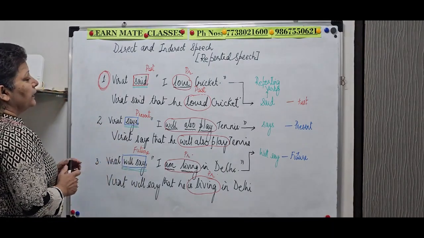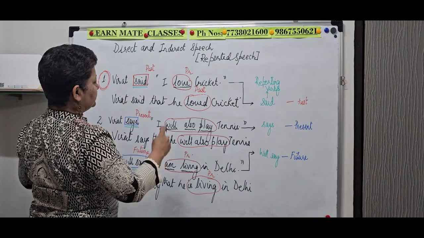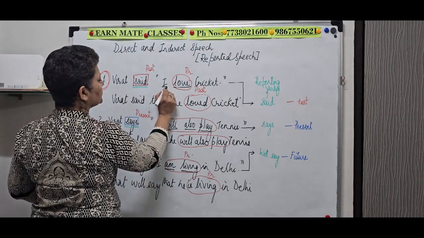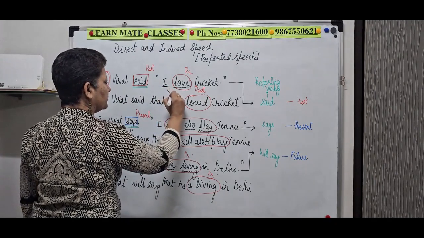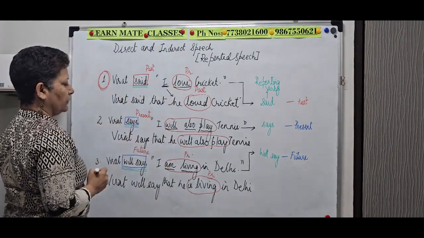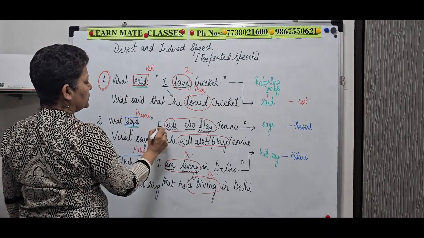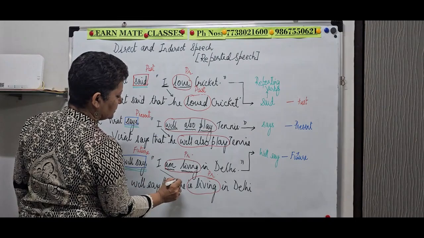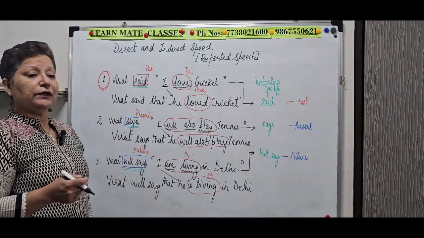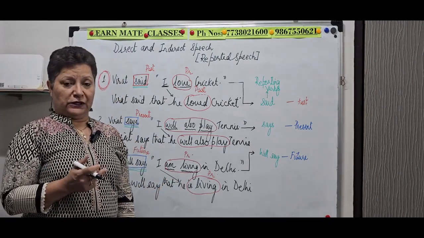Another thing: it was I here. The pronoun here was I. This has changed into he. Again, the pronoun has changed here. The pronoun has changed here. So you will notice that pronouns change.